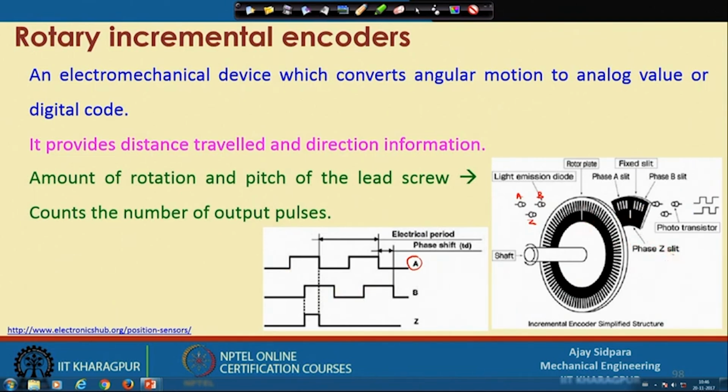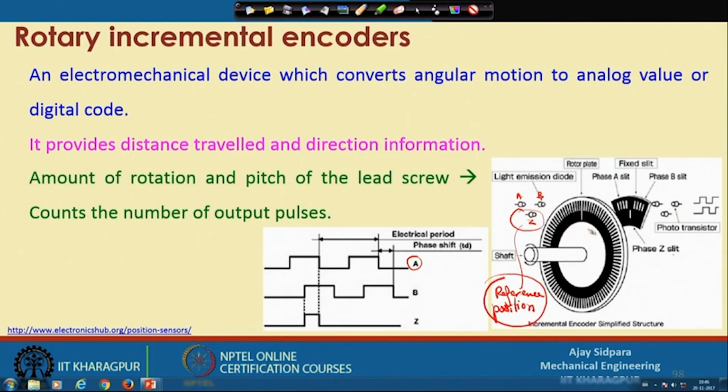Now if you see, this A and B are actually lying on this particular black and white spoke kind of thing, but here the Z is here. So, Z is actually the reference position. Reference position is only one here, consider.